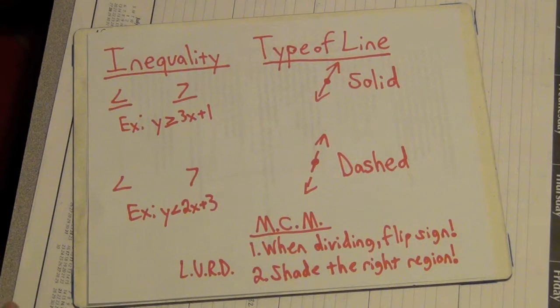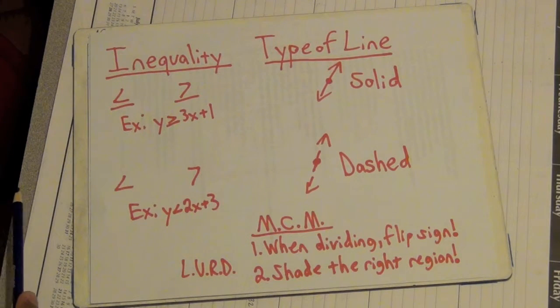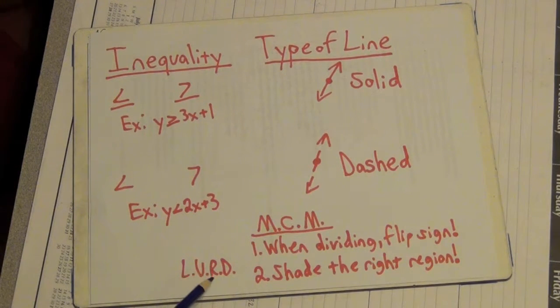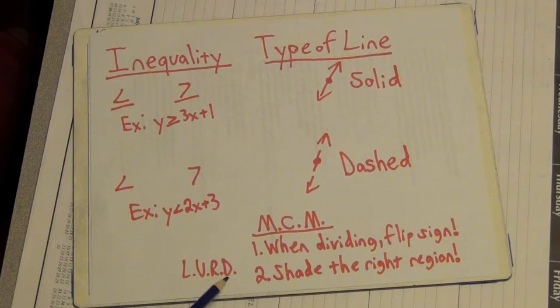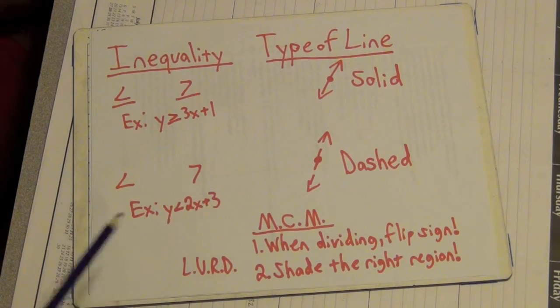It's called LURD, which is L-U-R-D. LU stands for left up. So when the back of it is facing the left, you shade up on the graph, so you shade the top half of the graph. And RD stands for right down. So when the back of it's facing the right, you shade down.